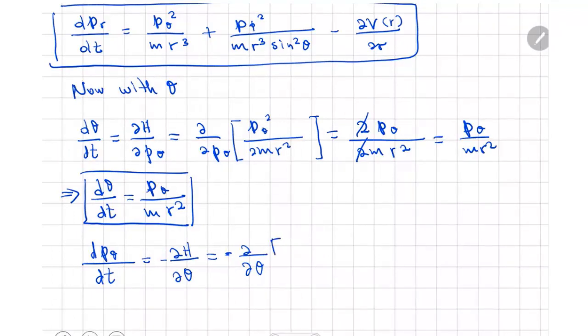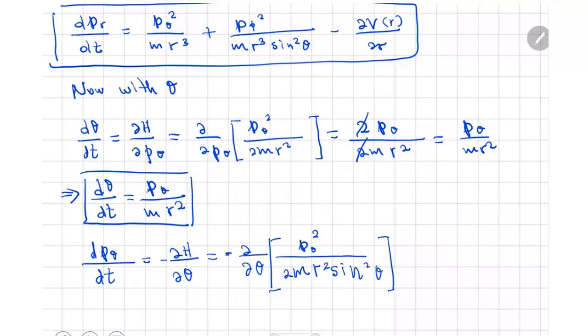The derivative with respect to theta of p theta squared dividing 2m r squared sine squared of theta.